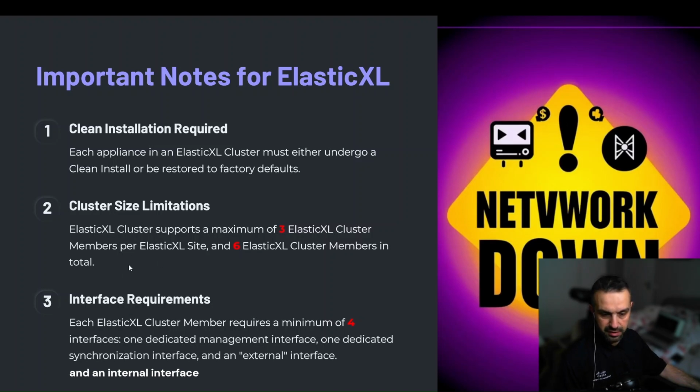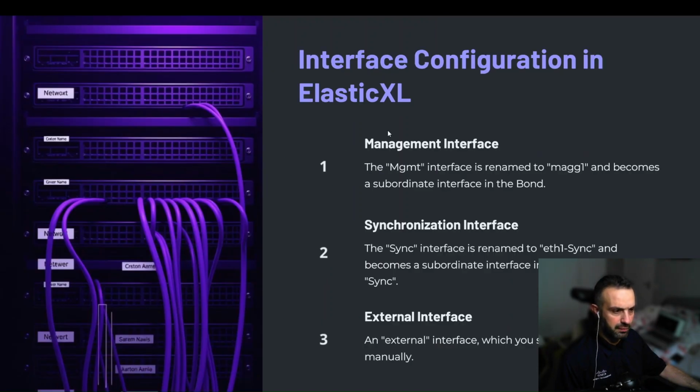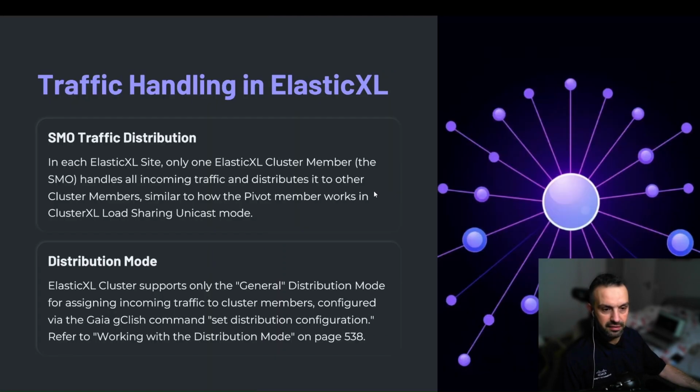Interface requirements. Each ElasticXL cluster member requires a minimum of 4 interfaces: 1 dedicated management interface, 1 sync interface, and an external interface. Here, the management interface, the MGMT interface, is renamed to MGMT1 as we have seen, and becomes a subordinate interface in the bond. The sync interface is renamed to eth1 sync and becomes a subordinate. External interface, our external interface.